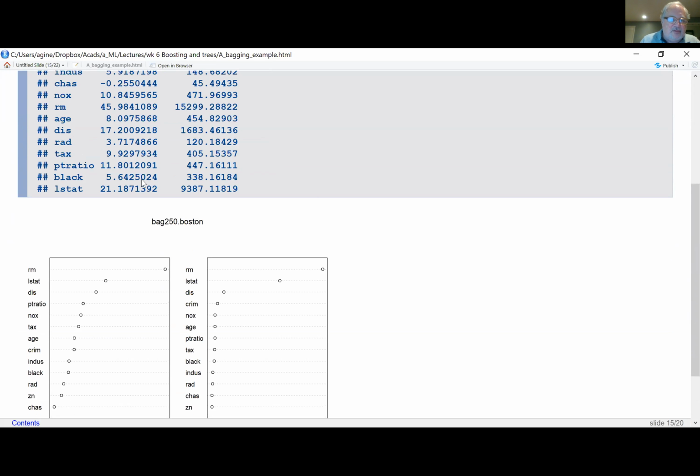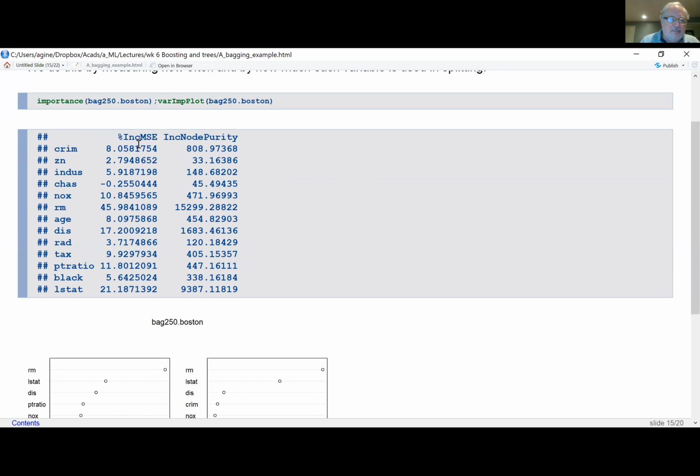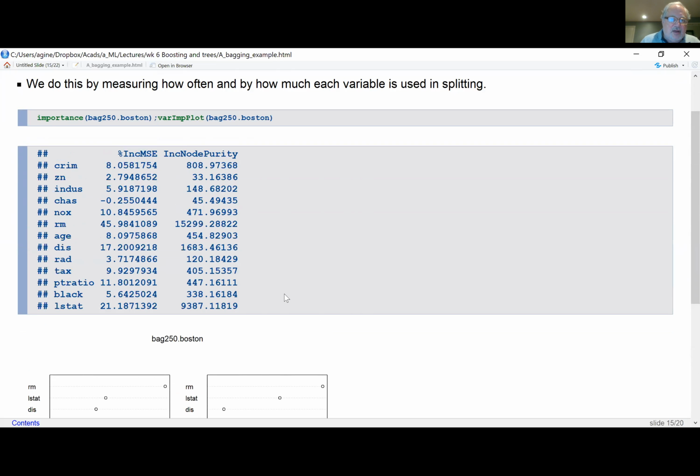But even nicer, you can now get charts of this thing. And what was the second column? Node purity? Node purity is just a different measure of, well, honestly, I just use MSE. I don't remember. I could look it up.